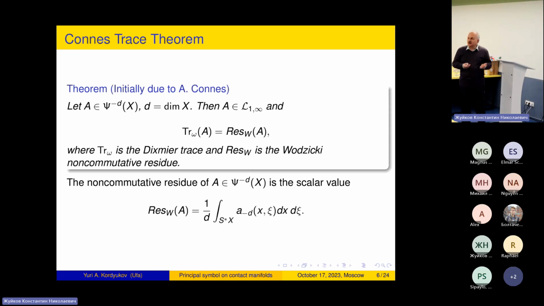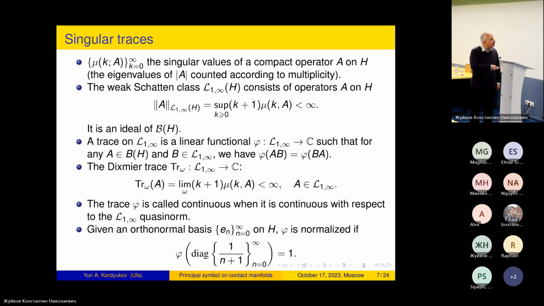And one can show that this is the only trace on the algebra of pseudo-differential operators. It goes back to Adler and Manin's algebraic results for pseudo-differential operators in dimension one. Okay, and this is a little bit about singular traces.